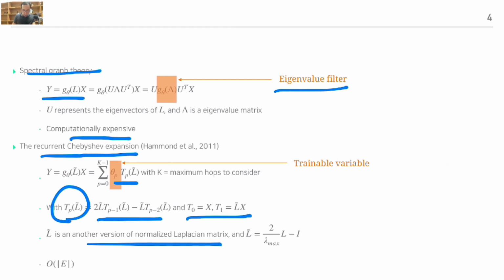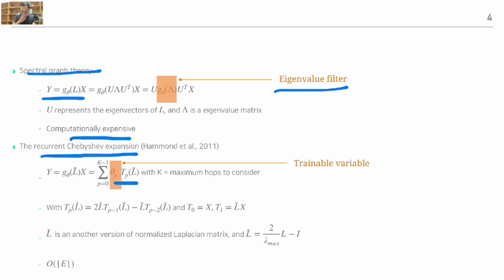So it is the initialization of T0 and T1, and we were able to compute this. So it is fast.